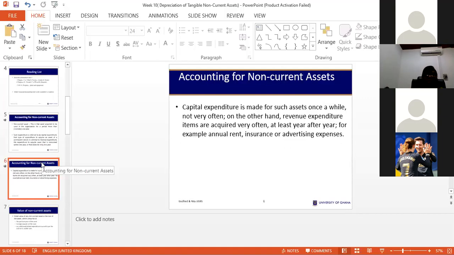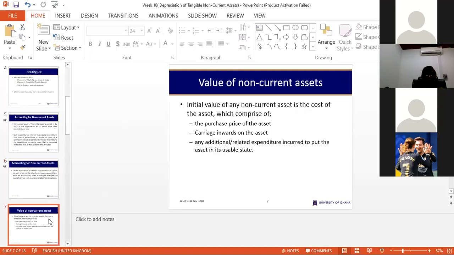Again, we must note that capital expenditure on these non-current assets occurs once in a while, not very often. Revenue expenditure would always be incurred year by year. And examples of revenue expenditures have been given. I've already stated some of these: rent, insurance, advert, and so on and so forth.